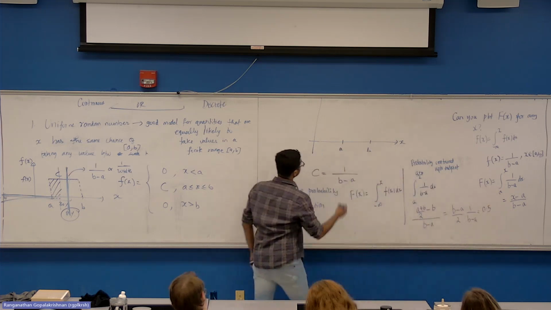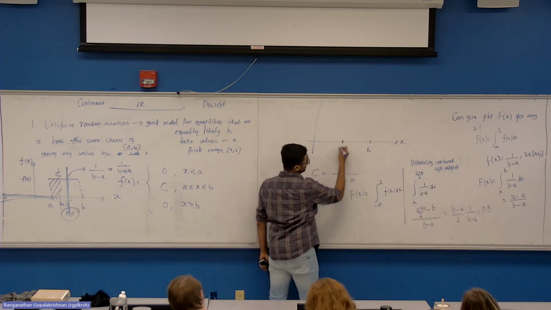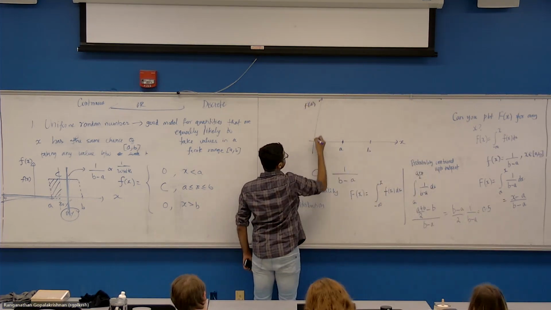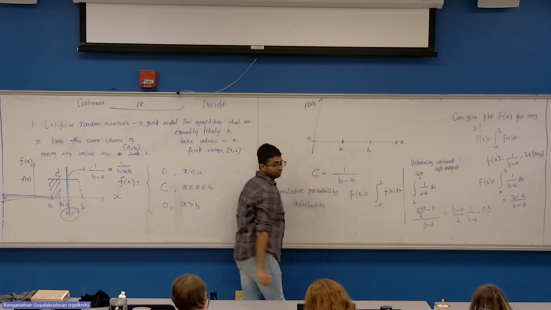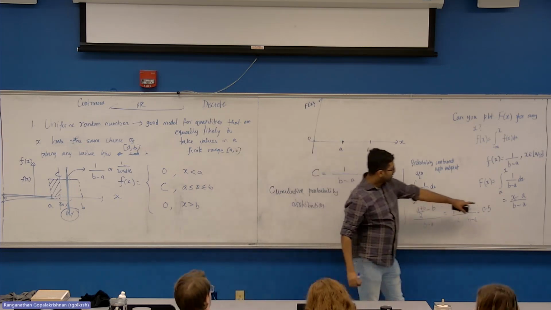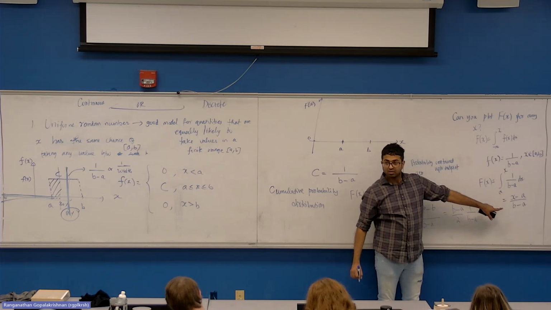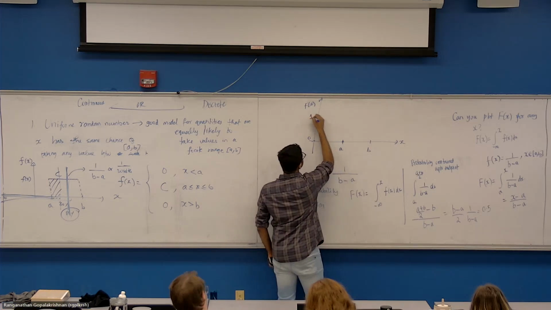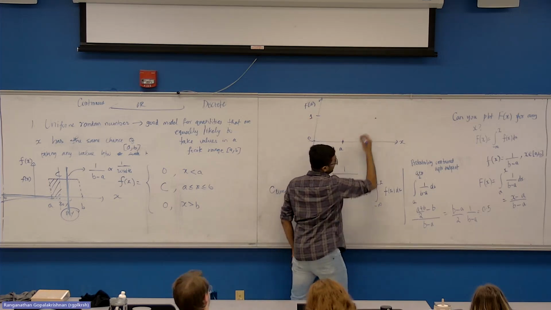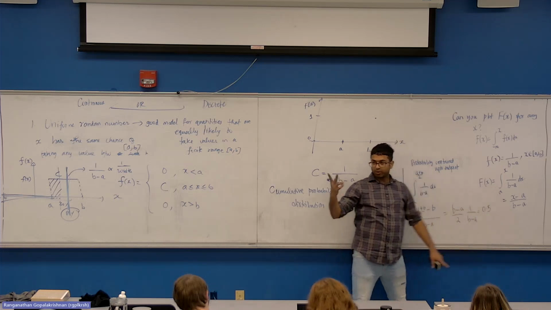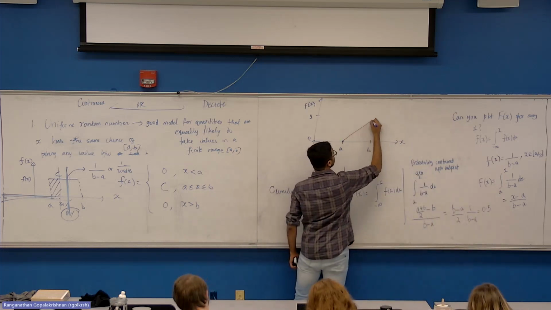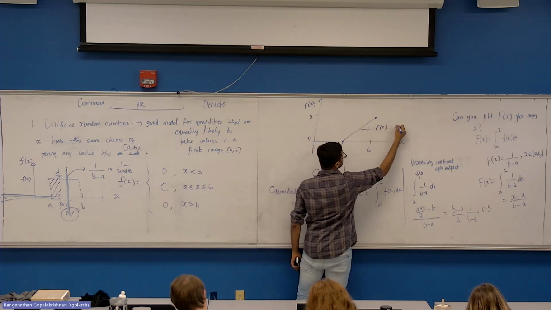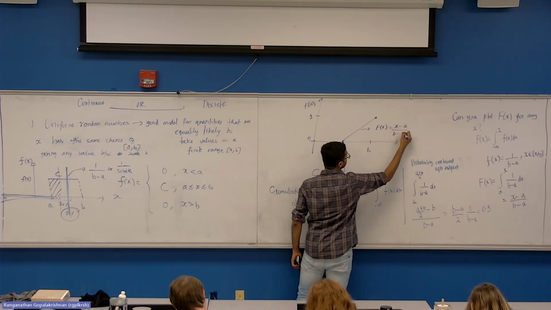It starts at x equal to a, and if you put x equal to a, F of x is 0. So it starts here. If you plug in x equal to b, what do you get? 1. So it varies between 0 and 1, and it is linear. Two points, connect them with a straight line. This is nothing but F of x equal to (x minus a) divided by (b minus a).